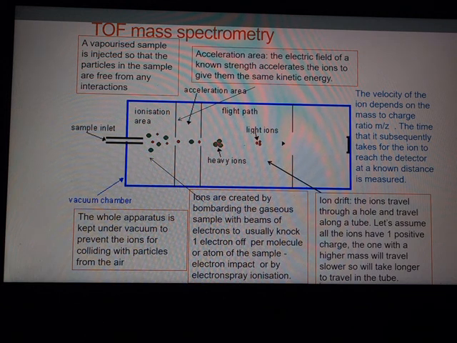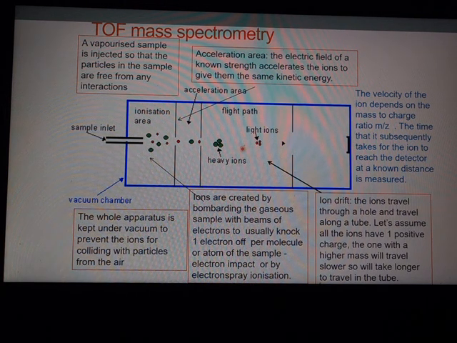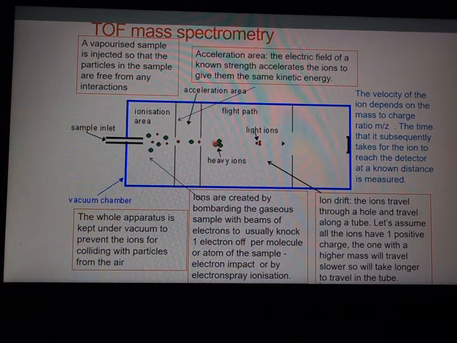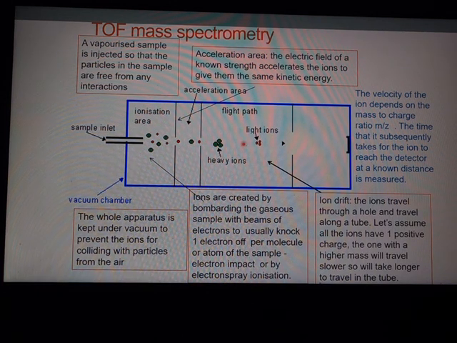And that's how these ions are going to be separated, because since they are all given the same kinetic energy, that kinetic energy also depends on the mass. So ions with a greater mass will travel slower, will take them longer to travel through the flight path. So that's how these ions can be separated.